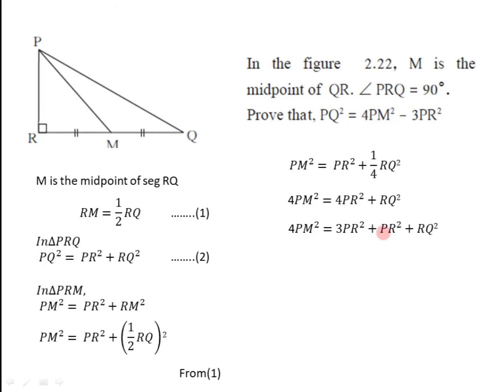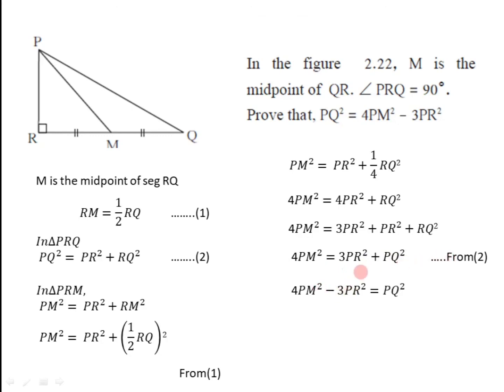So instead of this term we should write PQ square and the remaining two terms as it is. So this is from equation number 2.